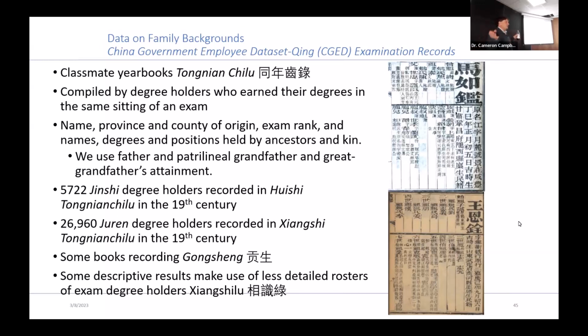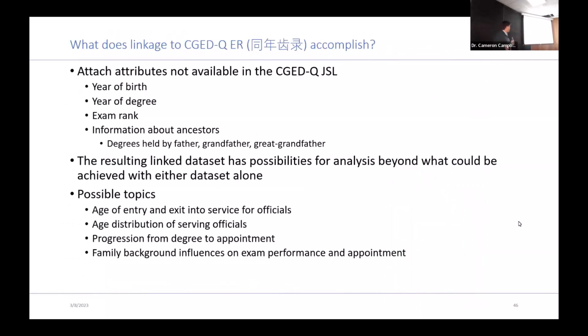That's really complicated, so we've gone back to enter that. We'll have these kin networks for the degree holders that we then link to the data. We've got most of the jinshi in the 19th century, the holders of the highest degree, and a lot of the holders of the provincial degree.